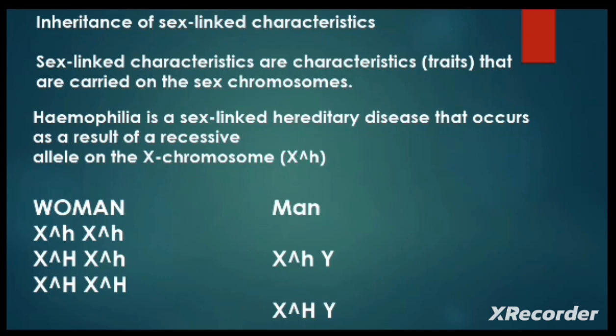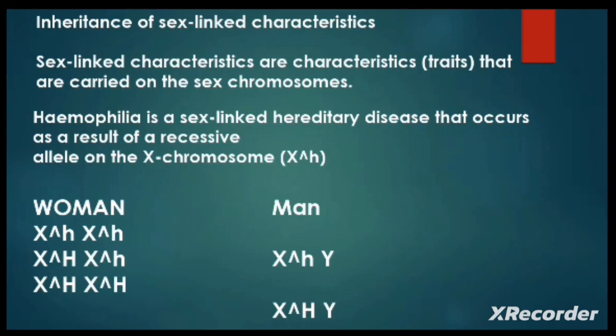And then a woman who is not affected would have X exponent big H and X exponent capital letter H. That woman would be normal. The capital letter H shows that the woman is normal. None of the X's has small h.